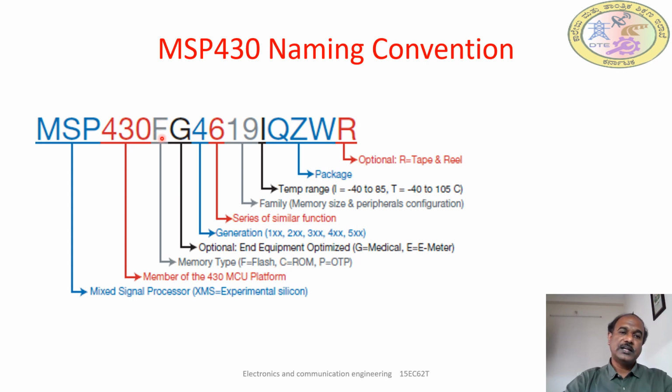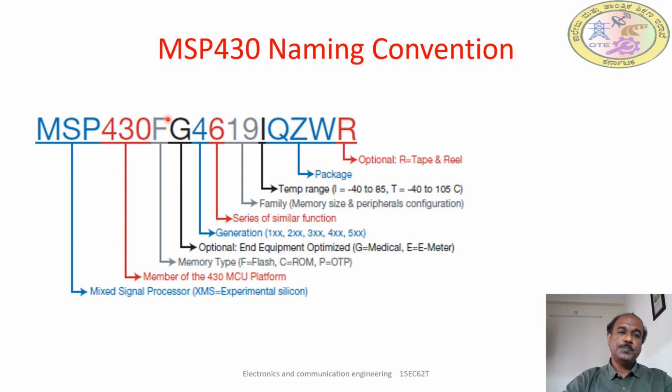This first letter after the 430 indicates the type of memory used in that particular microcontroller. Here, for example, there is an F after the 430. This F indicates that the microcontroller has flash ROM. If instead of F it has a C, then it indicates that the microcontroller has CMOS ROM.